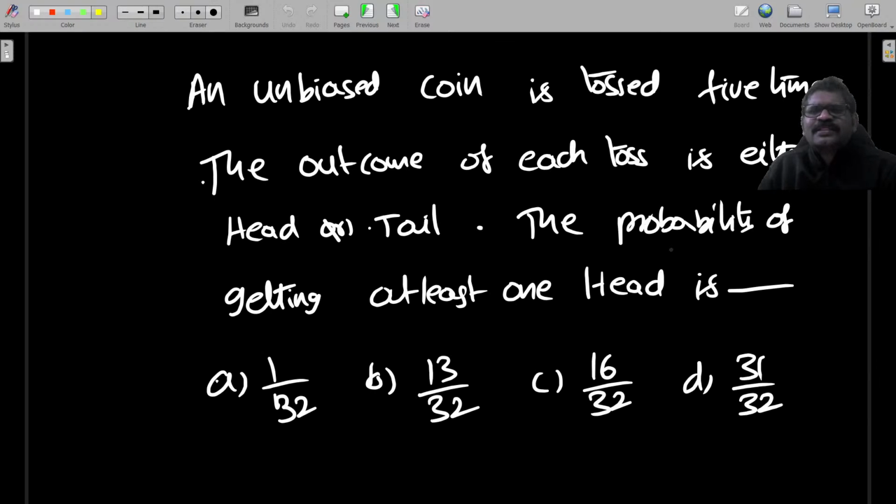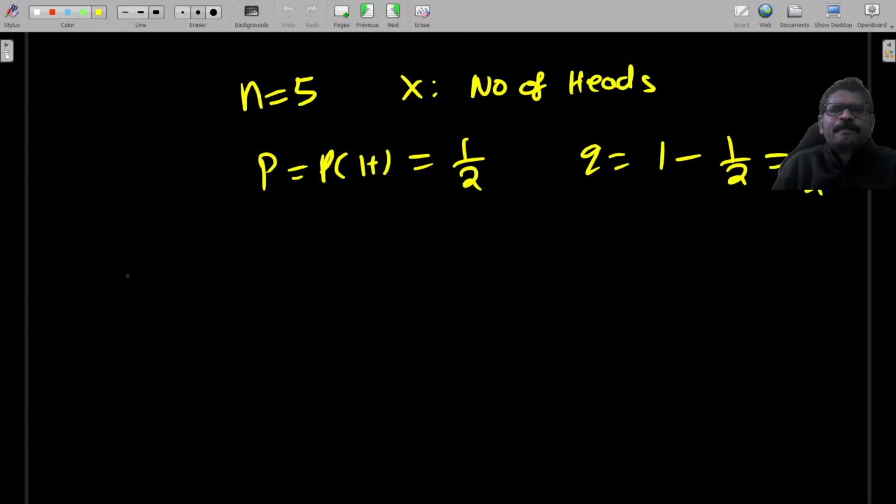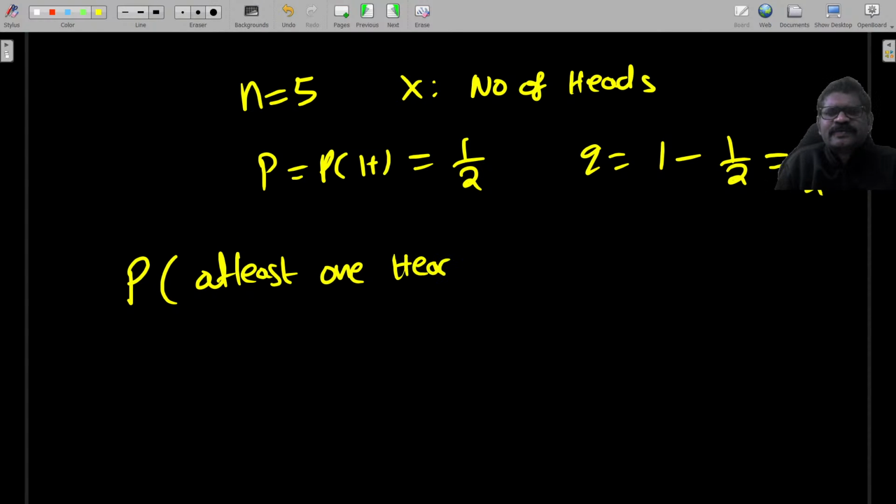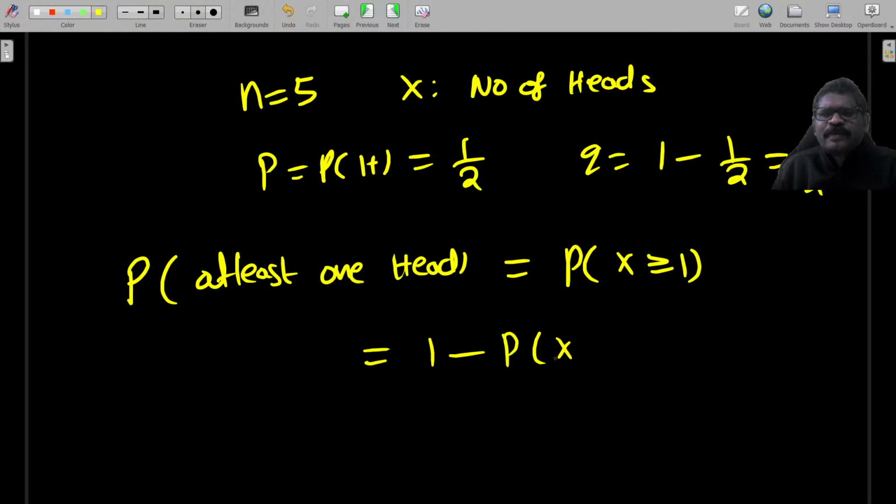Now the probability of getting at least one head is the probability of x greater than or equal to 1, which is 1 minus the probability of x less than 1. At least 1, so minimum 1, right?